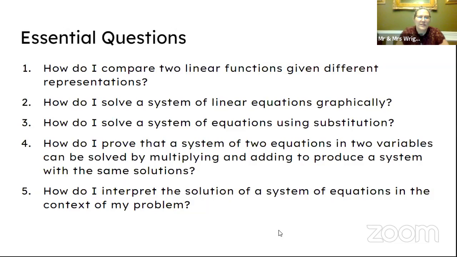How do I prove that a system of two equations in two variables can be solved by multiplying and adding to produce a system with the same solutions? How do I interpret the solution of a system of equations within the context of my problem? So this gets into some of those real life examples that we're talking about.